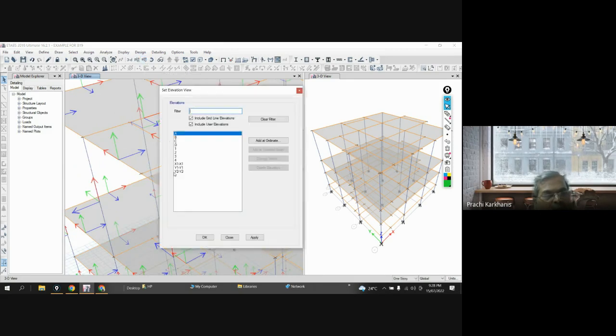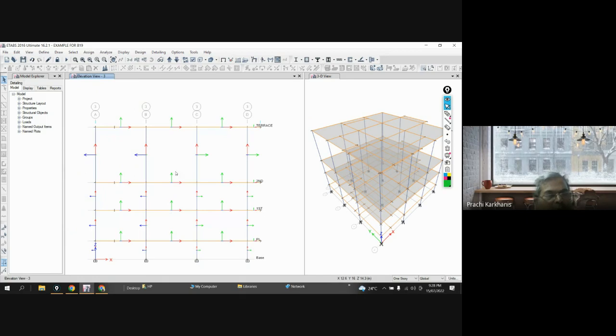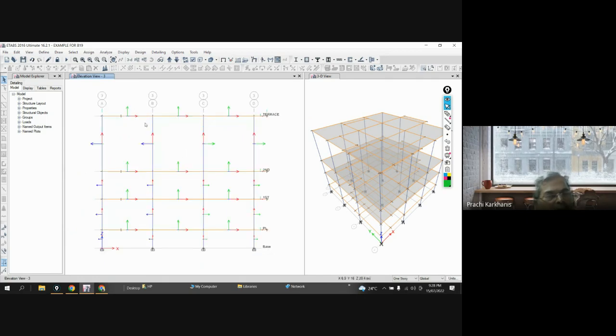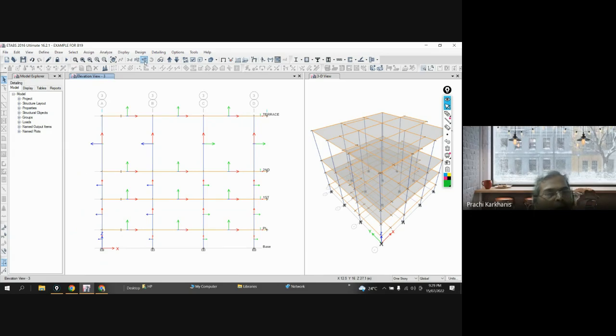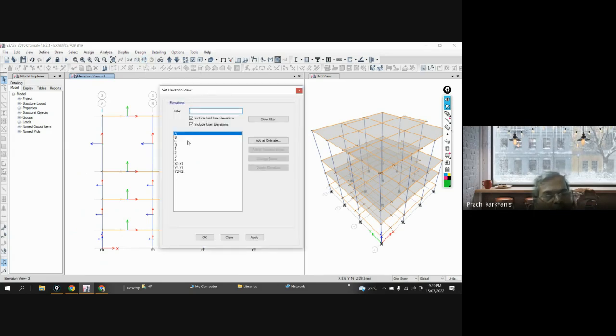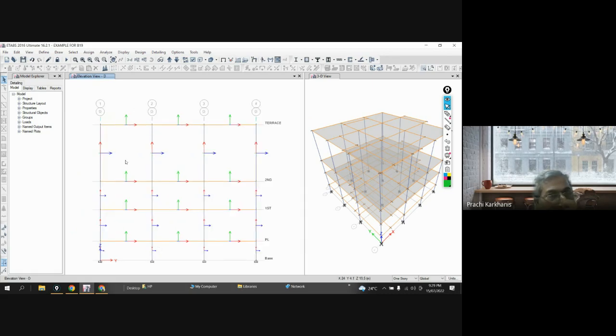So go to elevation and go to 3, and you can see. So everywhere parallel to x-axis, you see red, green upward, everywhere. Okay. So for beam, okay, for beam. Then if you go for another elevation, let's say D, that is elevation parallel to that, you will see again same.